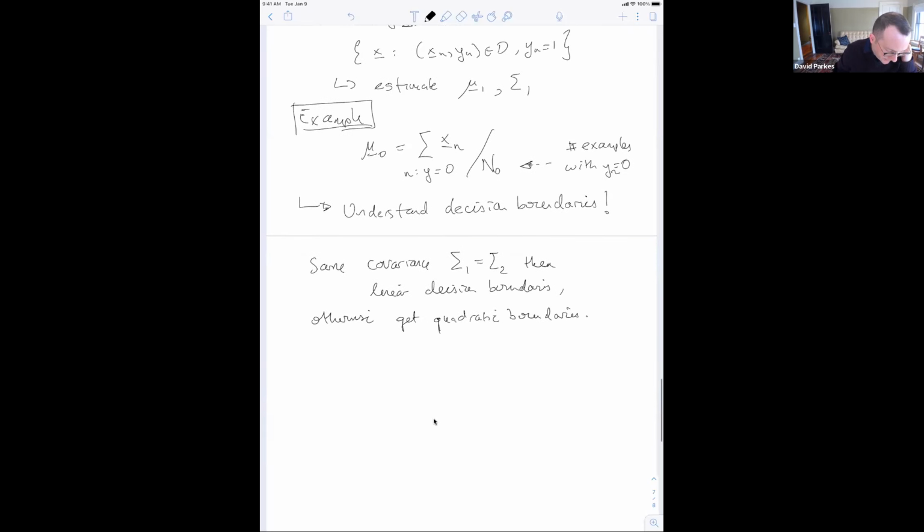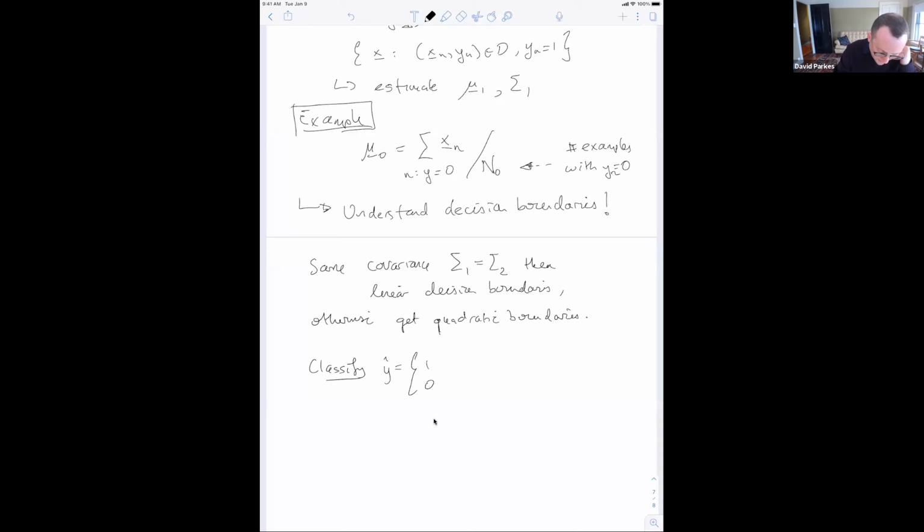Let me remind you what the decision boundary is. Remember, we're going to classify as a 1 or a 0 depending on whether p(y=1)p(x|y=1) is greater than p(y=0)p(x|y=0). So that's our classifier. The decision boundary is all the x's where the ratio between these two is a constant.